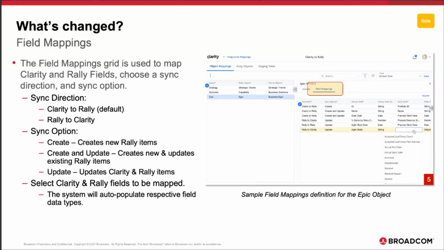So the object didn't exist, or the instance of that epic did not exist in Rally. Clarity will create it. When using the direction Rally to Clarity, you can bring back execution information such as percent done by story point, count, or state as a couple of examples.